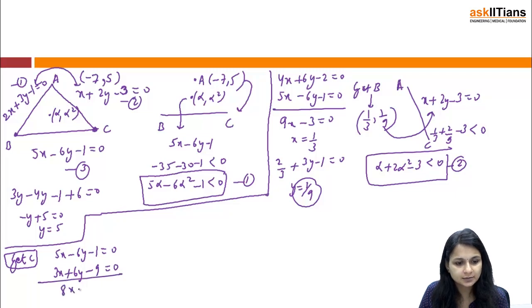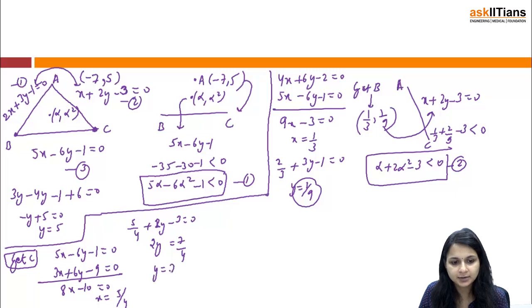So 8x minus 10 equal to 0, or x equal to 5 by 4. So when x is 5 by 4, I can put it in the second equation. So 5 by 4 plus 2y minus 3 equal to 0. So 2y becomes 7 by 4. So here I have y equal to 7 by 8.